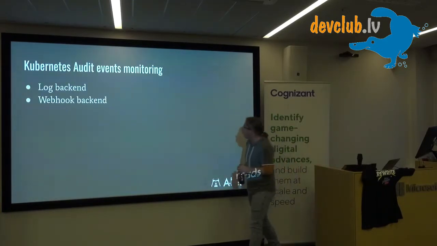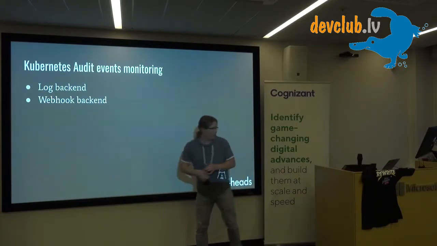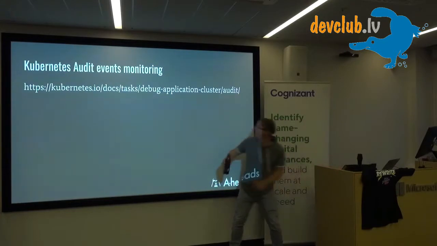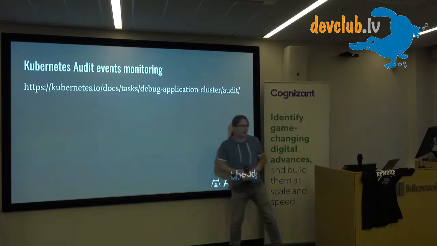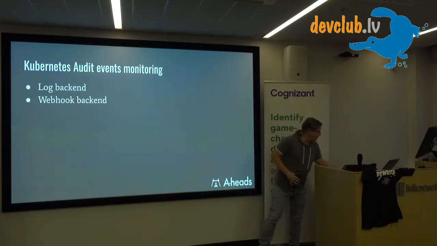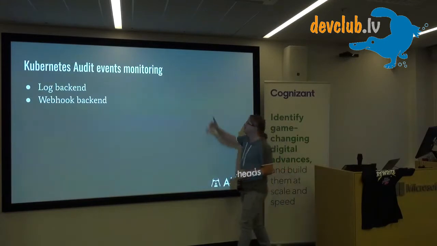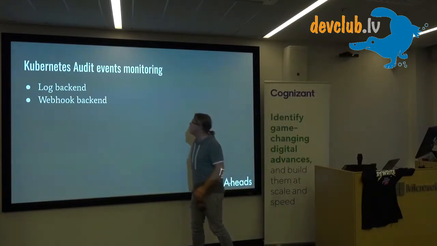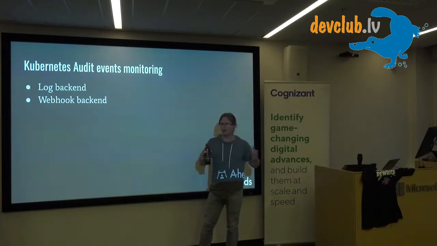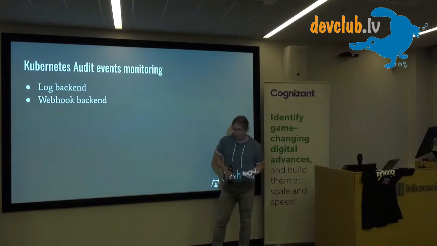Kubernetes audit currently supports 2 kinds of backends. If you want to know more about Kubernetes auditing, just go to the official documentation. It's all there. The first one is a log backend, which logs all Kubernetes calls to a file on the disk, and that's not what we want with Falco.